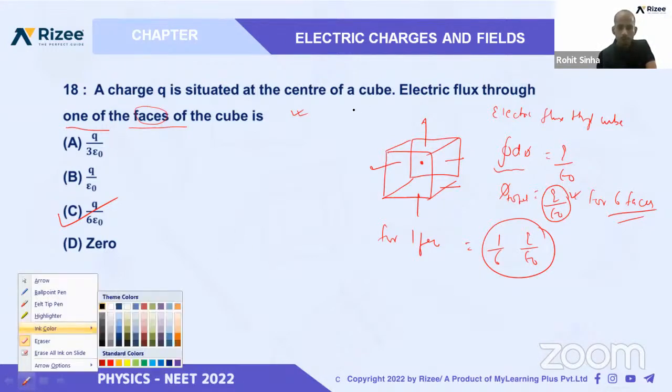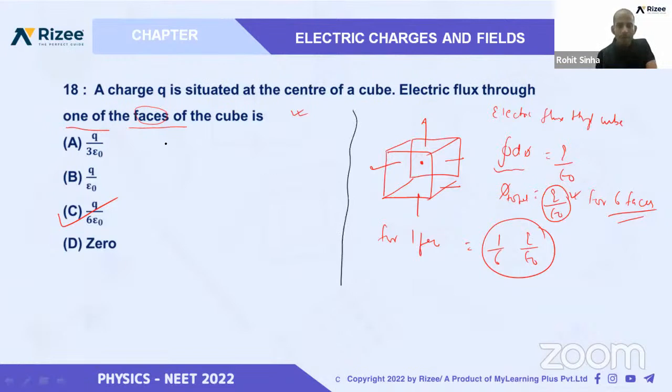Look, we have studied Gauss law in our lecture. Gauss law says flux is equal to charge enclosed by epsilon naught. Let us assume that this cube is a Gaussian surface.